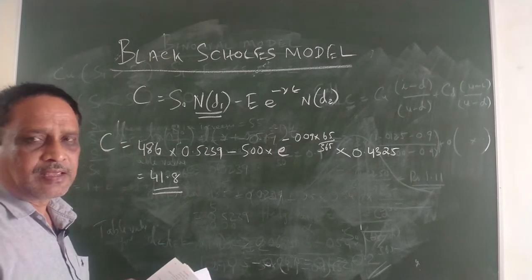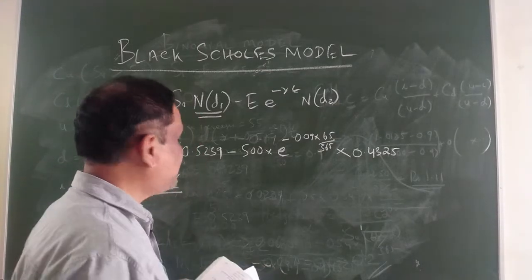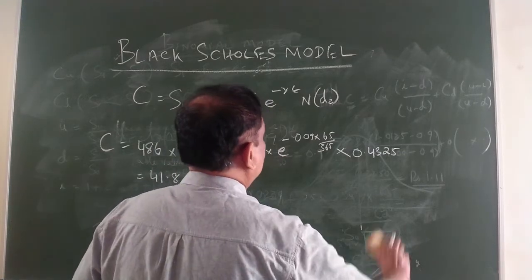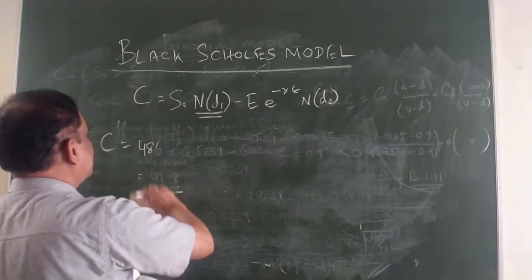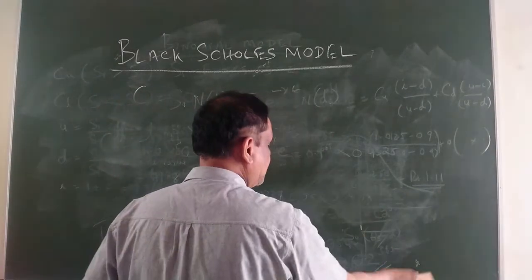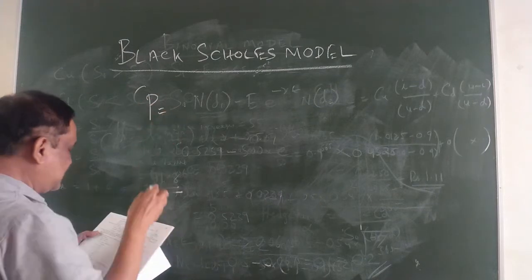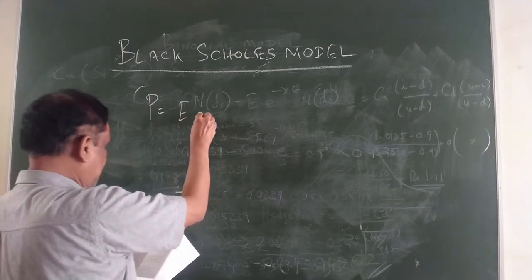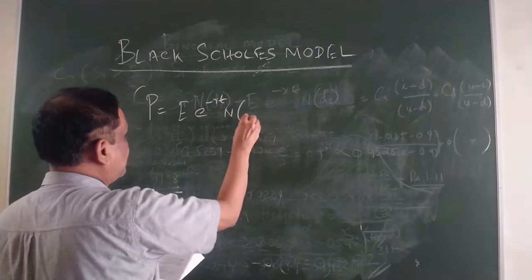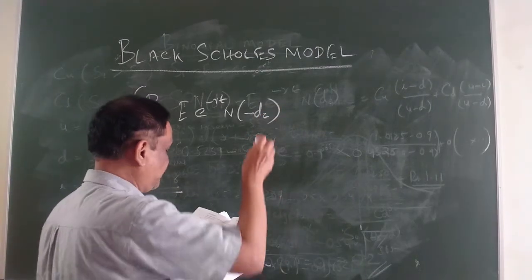Similarly, we can do the put option value calculation, and let me write the formula for the put option value. The put option value formula is E into e power minus RT into N of minus D2, minus S0 into N of minus D1. You need to remember these formulas.